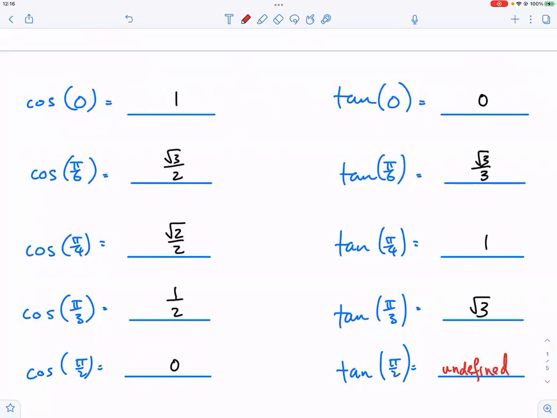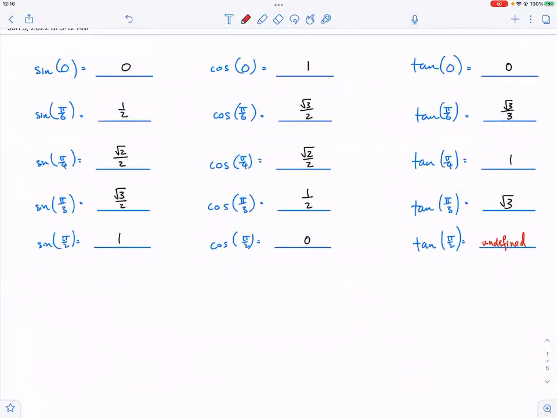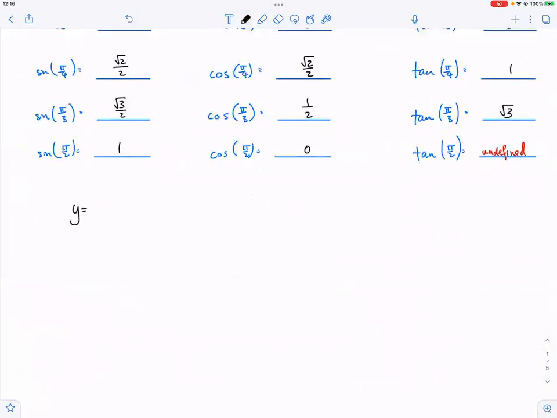Okay, I'm using red color just to show a little bit different. All right, in the space below, I would like you to do a couple of things. I would like you to sketch y equals sine x and y equals cosine x.